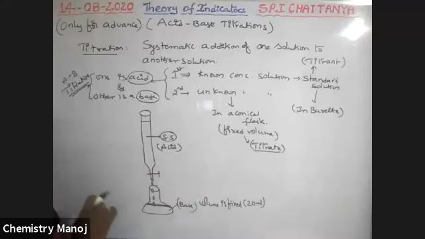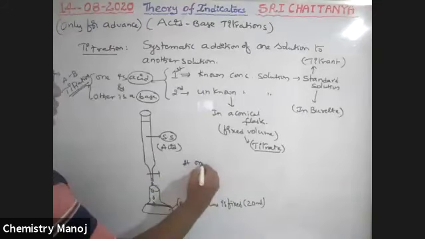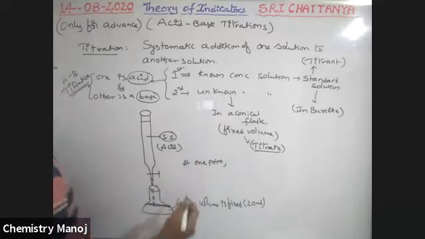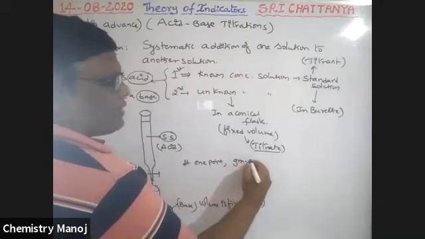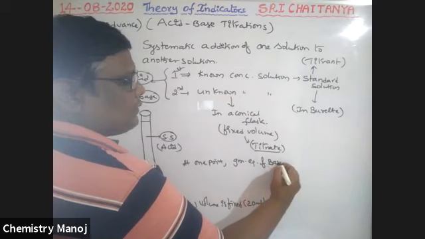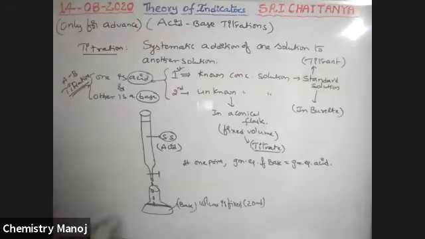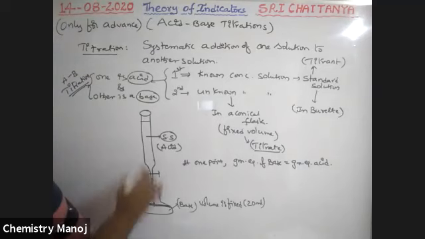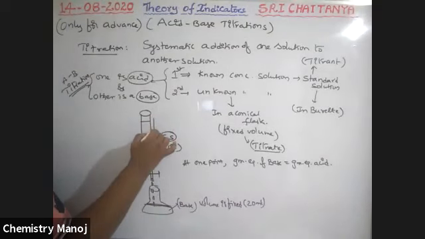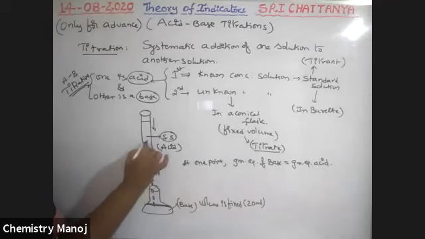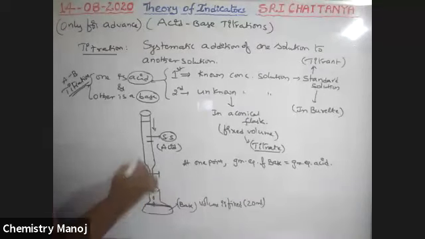At one point, total gram equivalence of base is equal to total gram equivalence of acid. Slowly, drop by drop added, the acid runs down to a particular volume, where gram equivalent of acid is equal to gram equivalent of base.